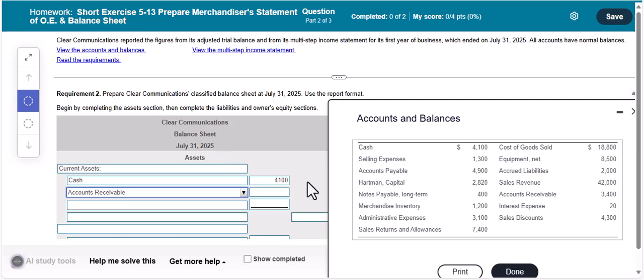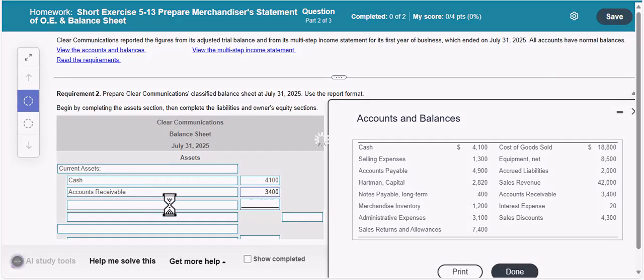So let's find that AR, and that is for $3,400. And then liquidity, again, means how fast these assets can be turned into cash. And that's why after cash, accounts receivable is next, because usually those are due within 30 days. So that's pretty soon. So that's why that's listed next. And then third, we're going to have inventory. Let's find that merchandise inventory here for 1,200.